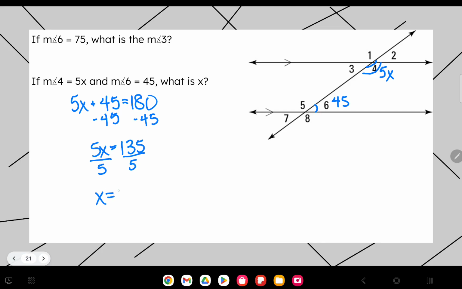And x equals 27. Now let's just go back to the question and double check, what are we looking for? What is x? All right. So that is our answer. X equals 27.